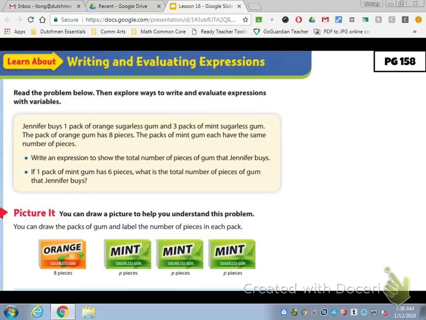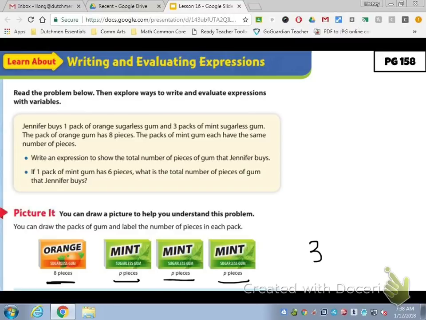So we know that there are 8 pieces of orange gum. Okay, so you can see they have orange and they put 8. And then 3 packs of mint gum, but we don't know the number of pieces. So if you notice, they put P for the number of pieces because it's our unknown number. So how many packs of gum do we have?